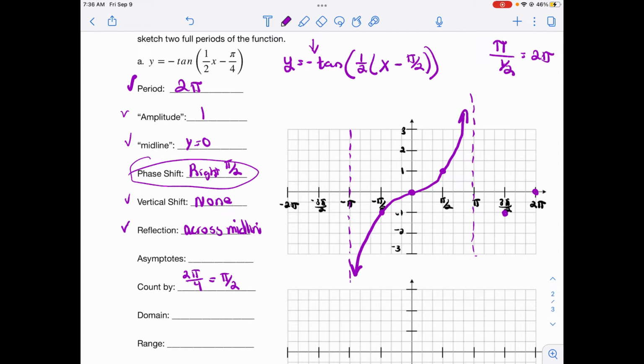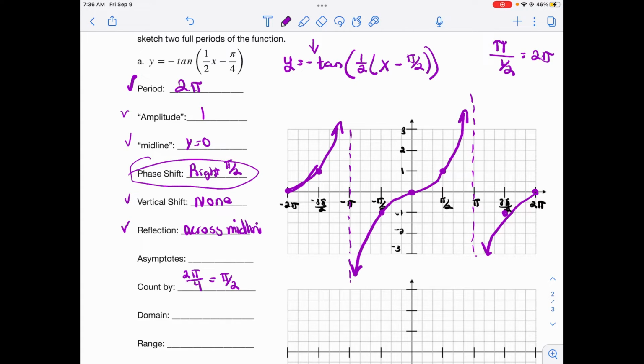And we get that one tangent graph. This time it takes us 2 pi to see that tangent graph. And then if I go back over to this side, I need to be at a height of 1 and then 0. And there you go, 2 full periods of that.